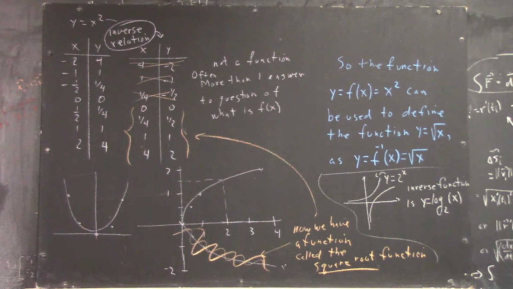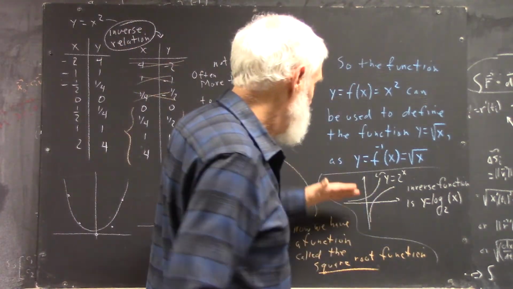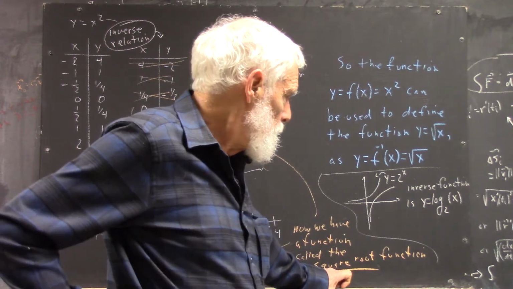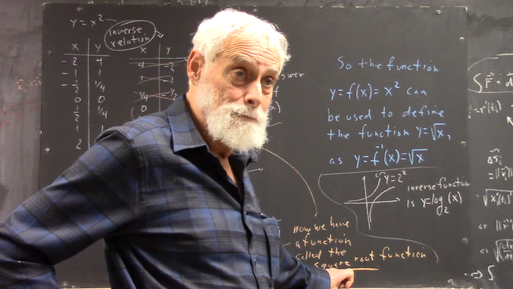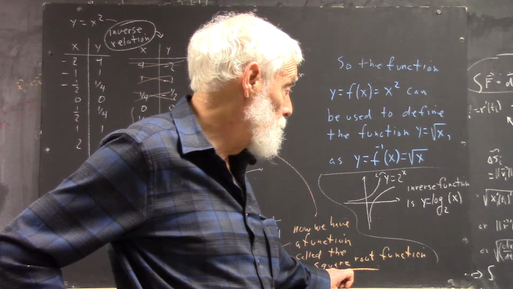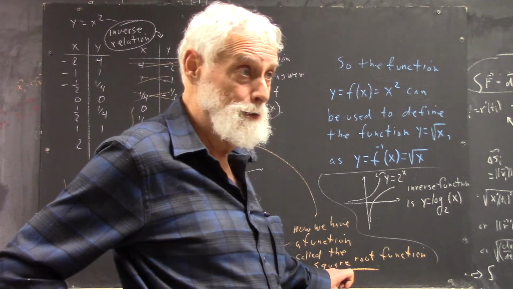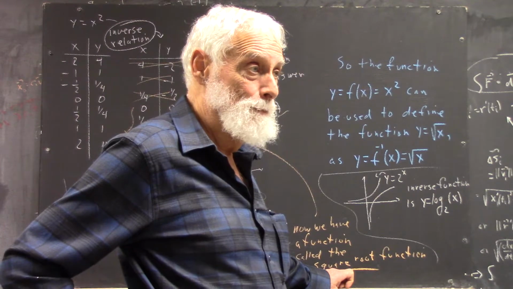And if you start with the graph of 3 to the x, which looks a lot like the graph of 2 to the x, but it's lower over here and turns up more quickly, and you invert it, you get the log base 3, don't you? Well, you don't know that, but that's what you get, okay?